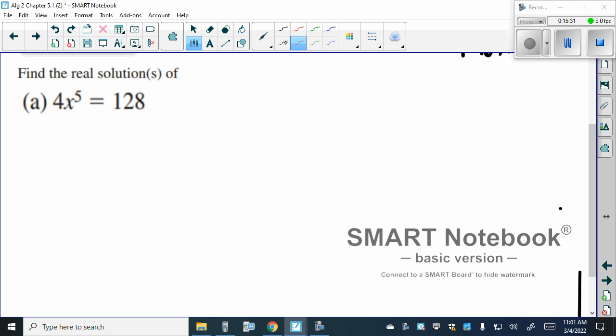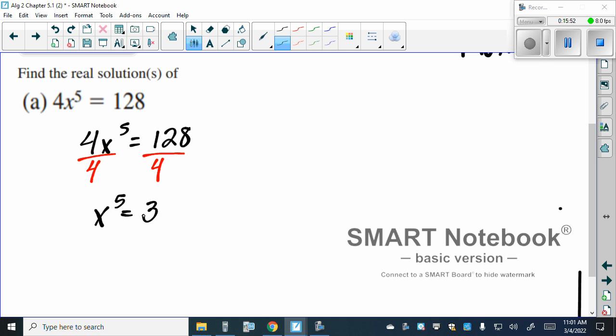So the first thing we would want to do, divide both sides by 4. And when we divide both sides by 4, 4x to the fifth divided by 4 is going to be x to the fifth is equal to 32.